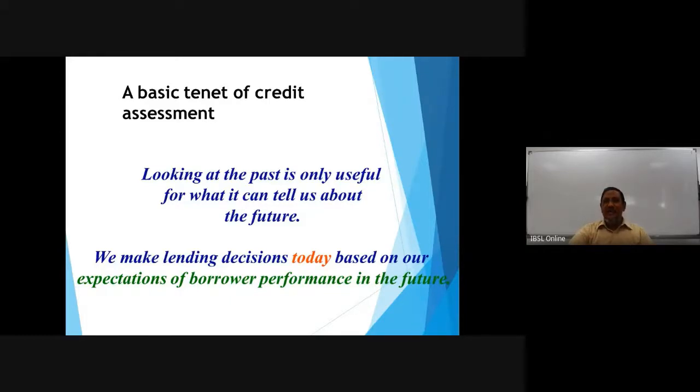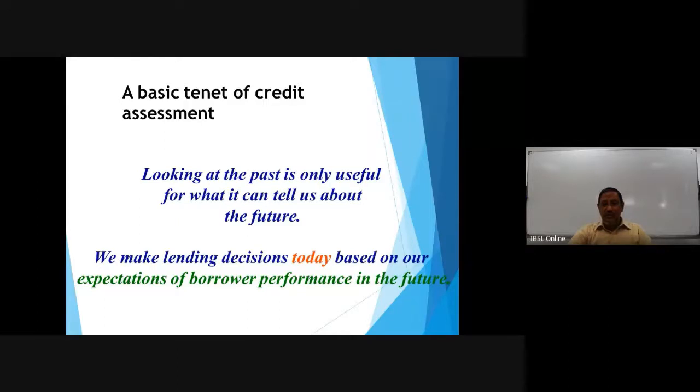We make a lending decision today based on our expectation of borrower performance in the future. What will be the future performance of the borrower? Right?